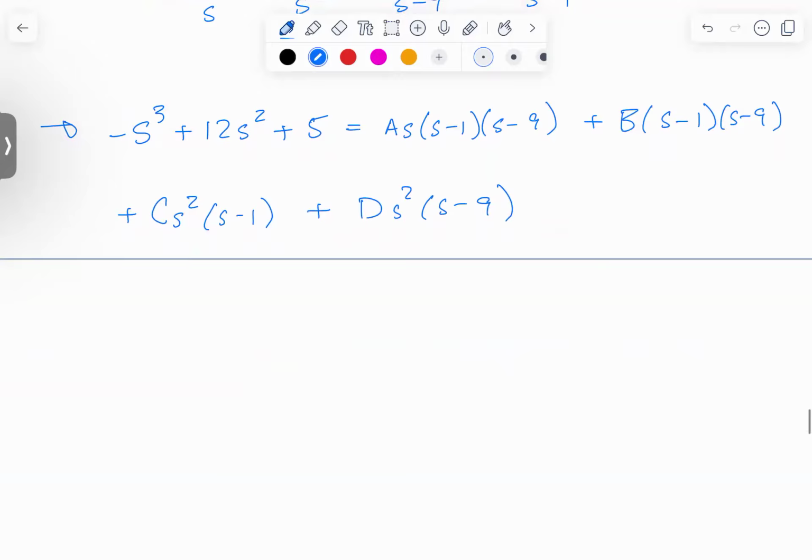Multiply it through, you get some fun. And again, we should be getting pretty good at partial fractions.